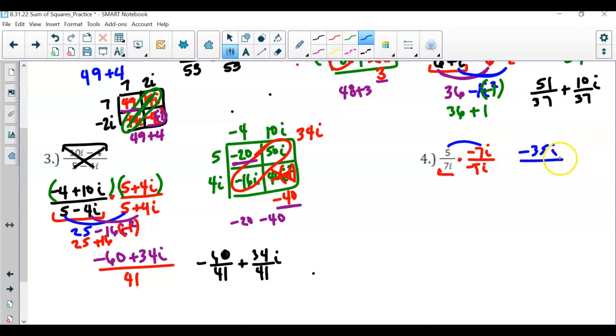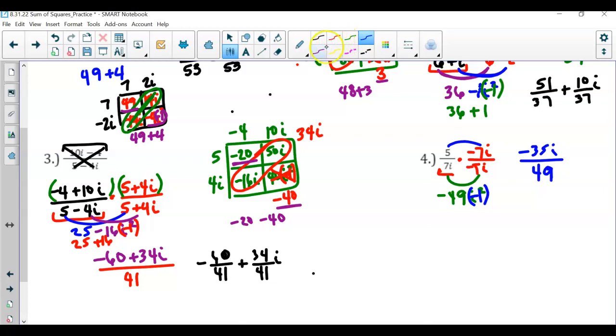Then in the denominator, that is 7i times negative 7i, negative 49 times i squared. So that should be negative 49i squared. And again, i squared is always negative 1. Negative times a negative is a positive 49. So negative 35i over 49.